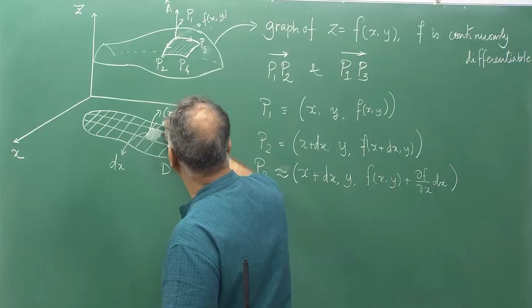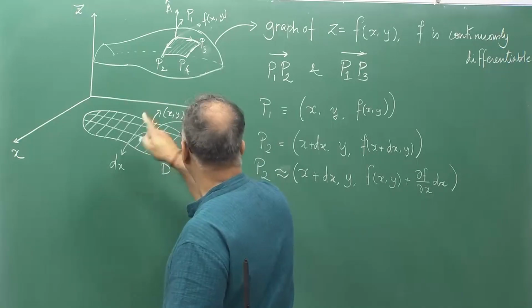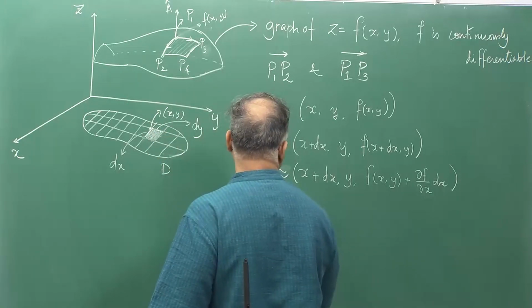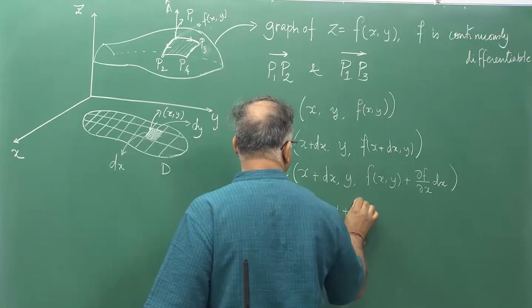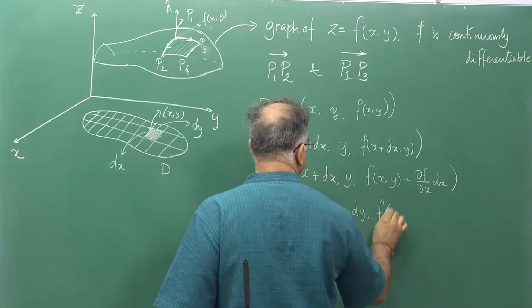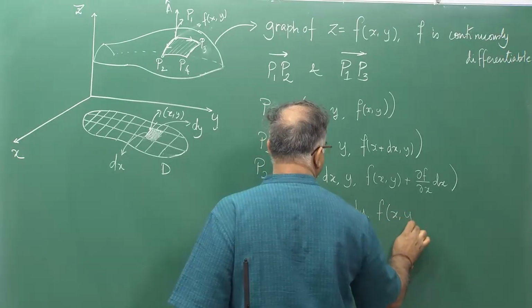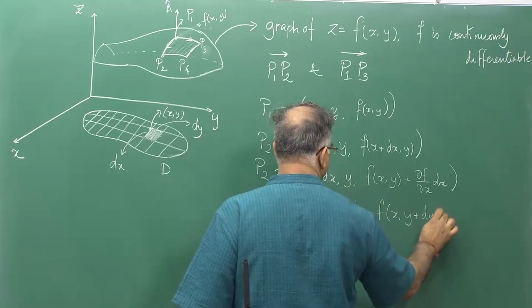Now how can I write P3? P3 corresponds to this, where I made a change in y but not in x. So P3 is actually x, y plus dy, and f of x, y plus dy.